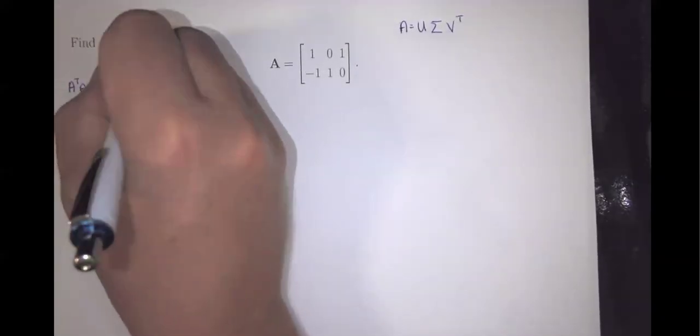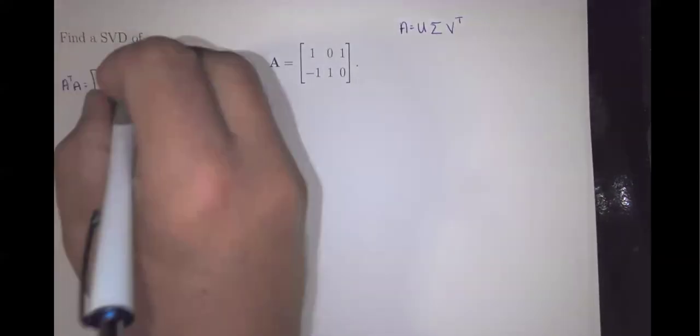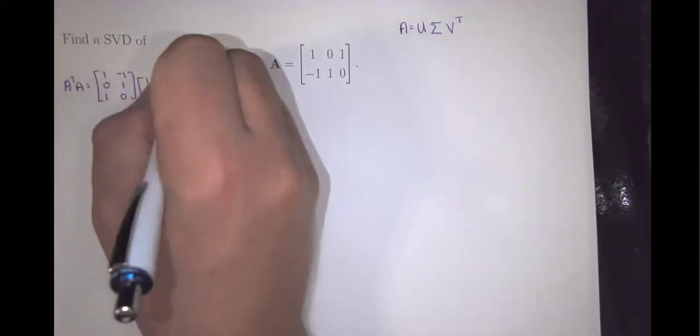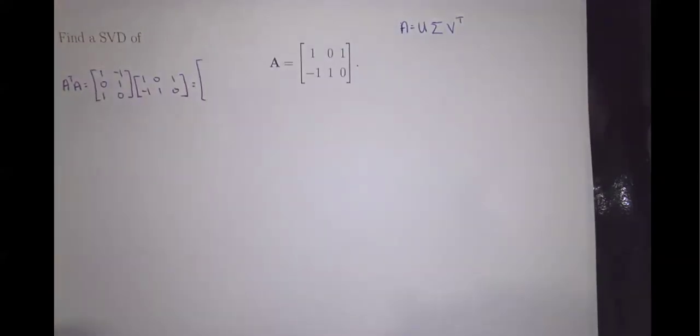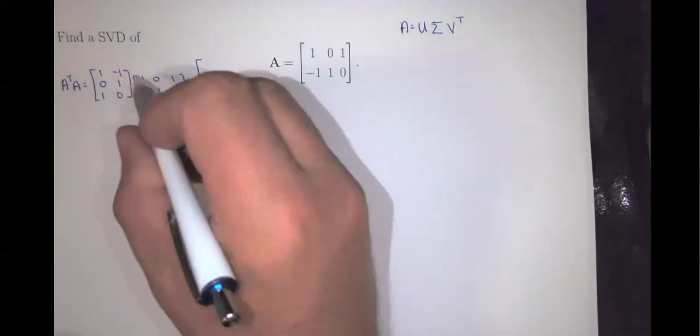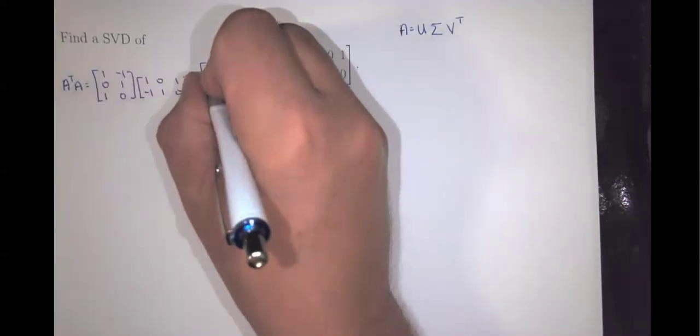Okay, so A transpose A is going to be [1, 0, 1; -1, 1, 0] times A, [1, -1; 0, 1; 1, 0]. So this gives us a 3 by 3 matrix. We get 1 plus 1 is 2.